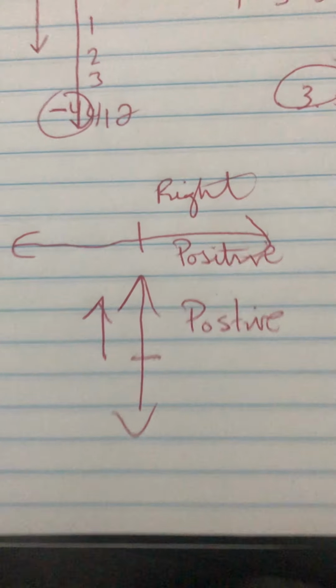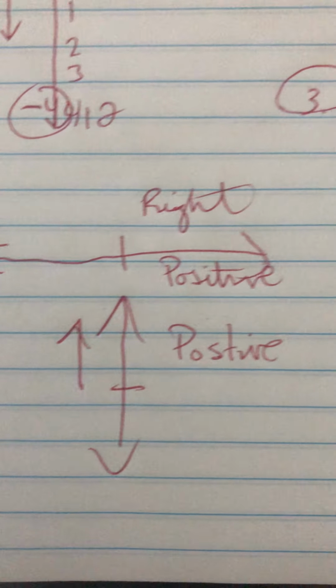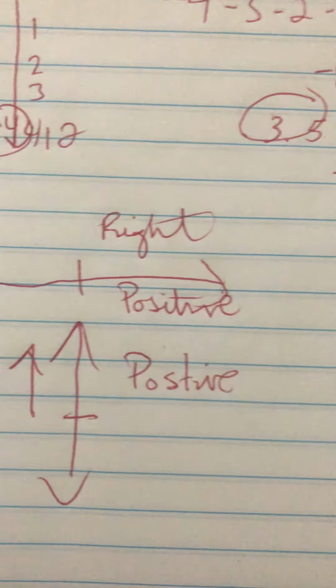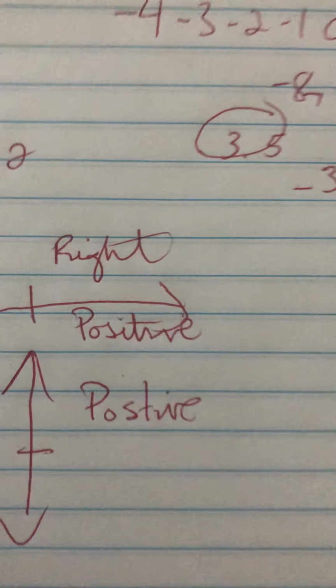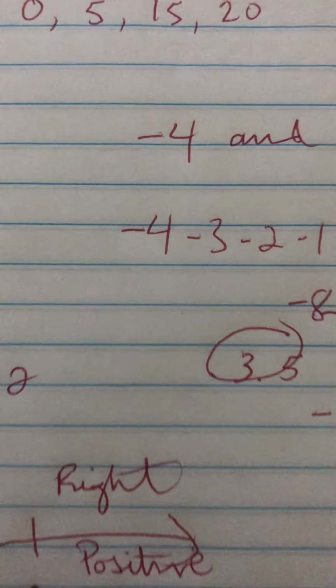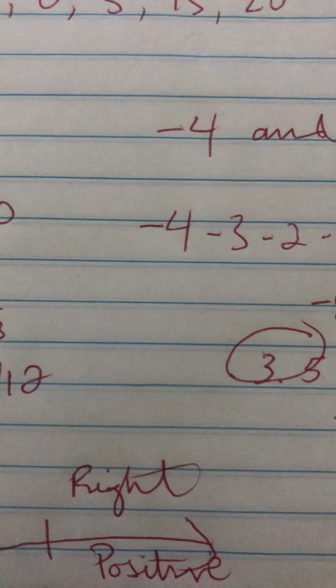So we have to remember that when we draw out our number lines. Anything above 0 is always positive. Anything to the right of 0 is always positive. Anything below 0 is always negative. So 5 degrees above would be positive.